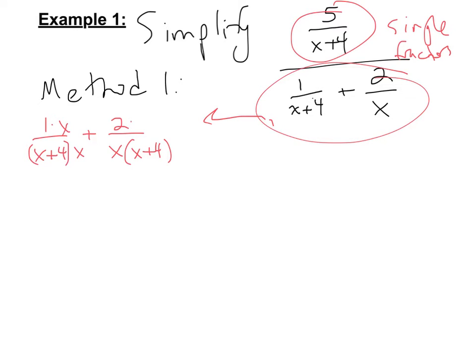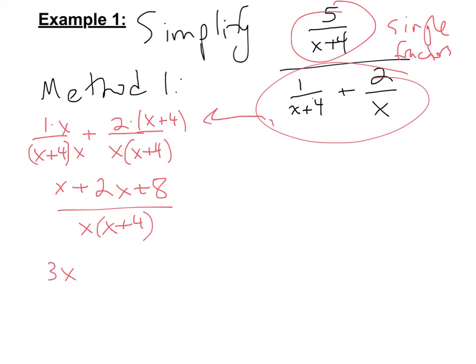And the denominator on the right, I attached an x plus 4 in that denominator, so I'll attach an x plus 4 in that numerator. We then simplify. This will be x plus, distributing, we get 2x plus 8 over x times x plus 4. Which gives us the single fraction we desire, 3x plus 8 over x times x plus 4.